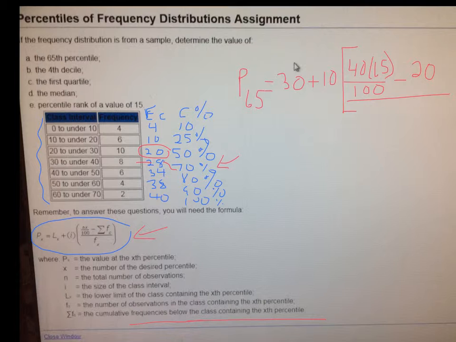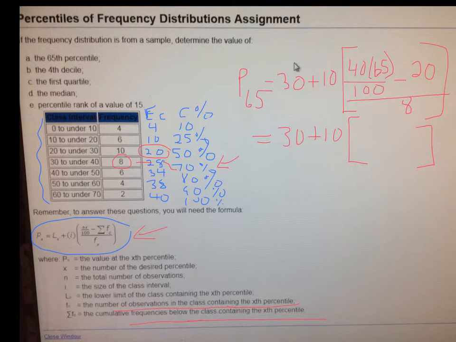And then on the bottom, we're going to divide by the fx value, which is the number of observations in the class containing the percentile that we're trying to get. And so that's going to be 8. So if we work this out, we have 30 plus, and then we're going to have to simplify the bracket, and we're going to end up with 40 times, that's 65, not 15 there.